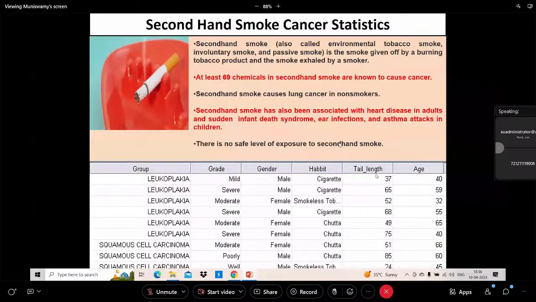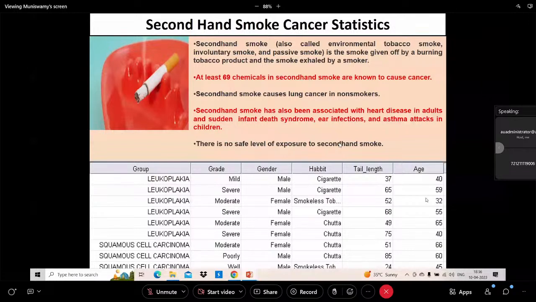If you want to apply descriptive statistics, which type of statistical tool are you going to apply? In the measures of central tendency, the mean, harmonic mean, which measure are you performing? For example, grade is ordinal data: mild, severe, moderate, poor. This is an order. Which kind of tool are you going to apply?